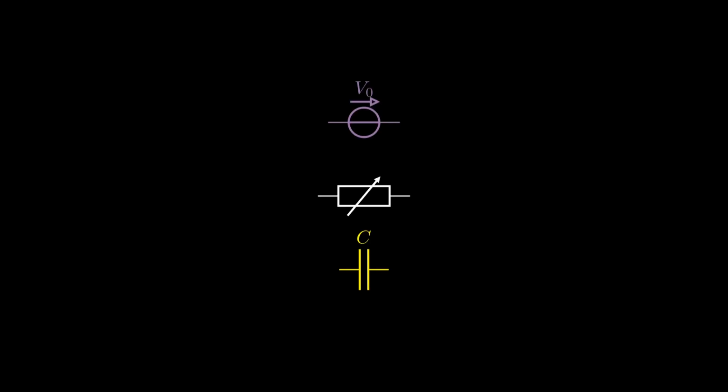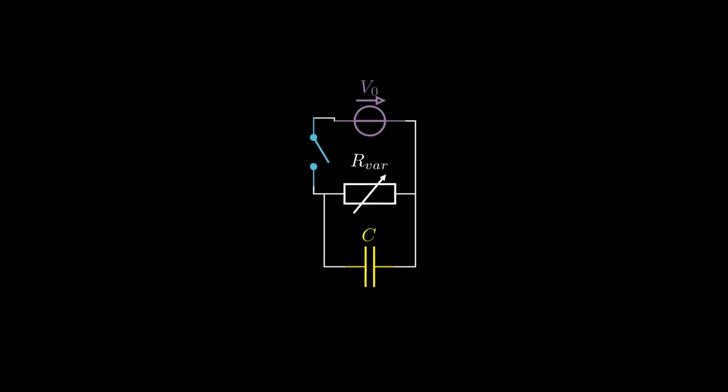Now, let's derive an expression for the voltage across a capacitor as it discharges through a resistor.